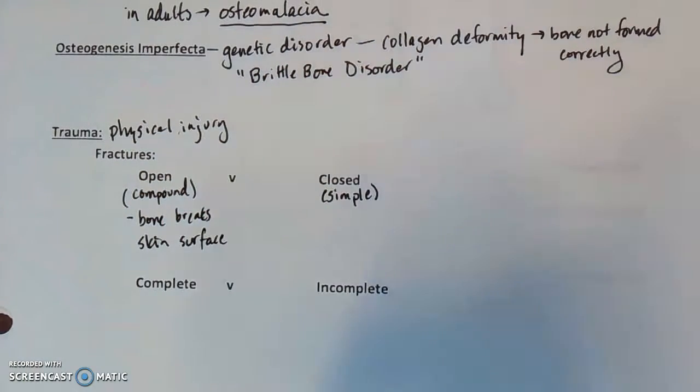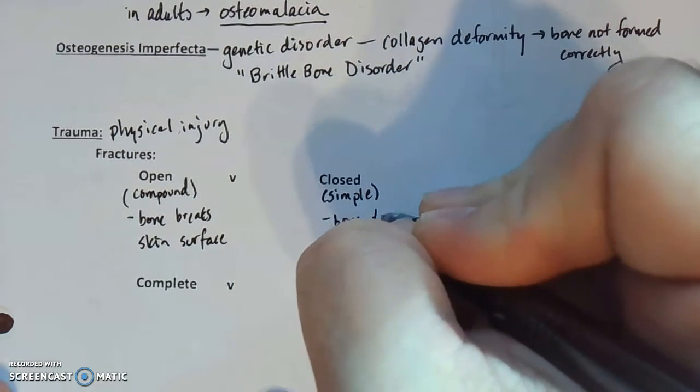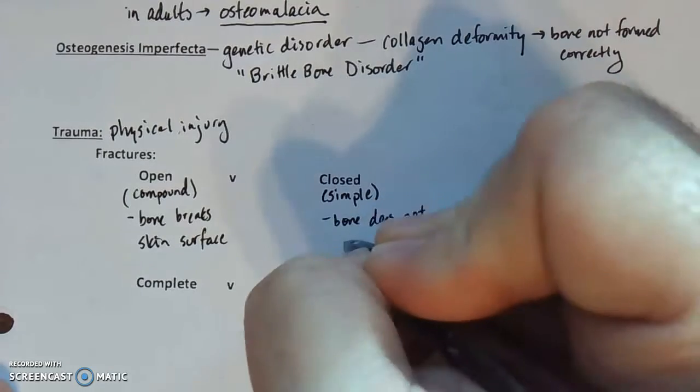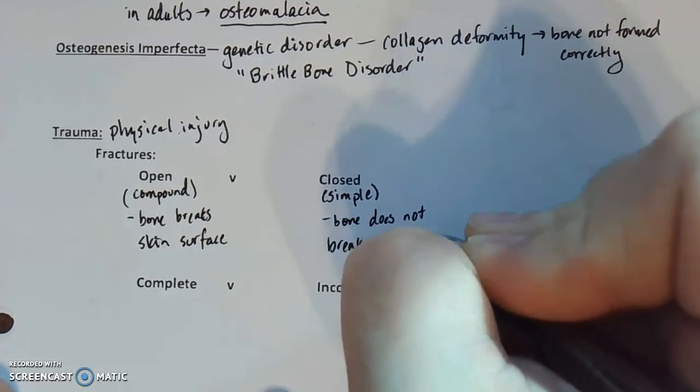The bone is actually protruding from the skin. This is a much more dangerous situation because infection inside the bone is always a concern. Simple, the bone does not break the skin surface.